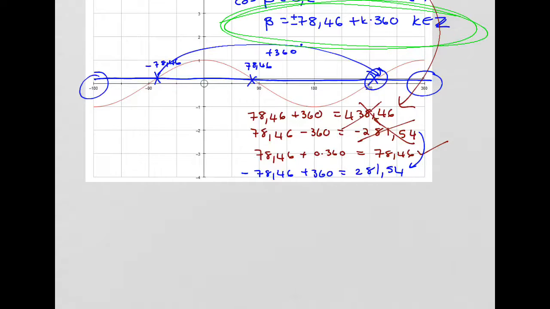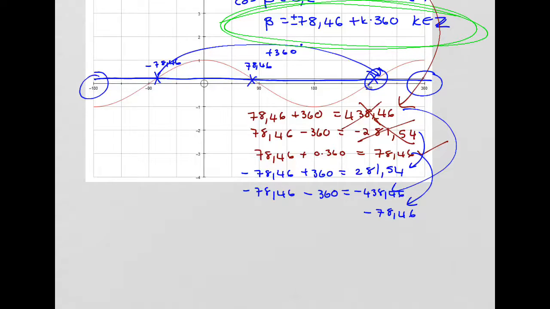So already, if I take negative 78,46 and I subtract 360, we know we're going to get to that negative 438. It's got to be the same thing, negative and positive. So then we also know that negative 78,46 will work.